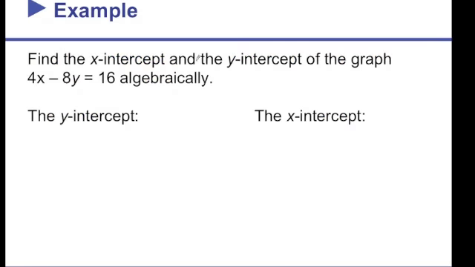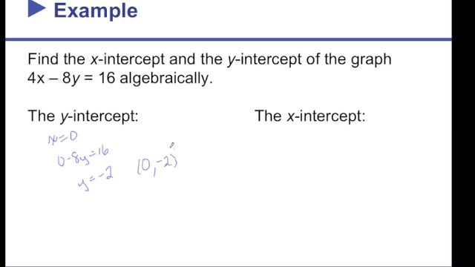Let's try that. We're going to find the x-intercept and the y-intercept. We have the y-intercept first, so that means x = 0. Filling in 0, we'll get 0 - 8y = 16. Divide by -8, y will equal -2, and so the y-intercept would be at (0, -2).